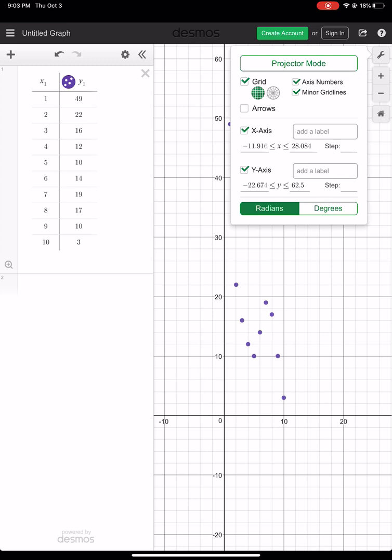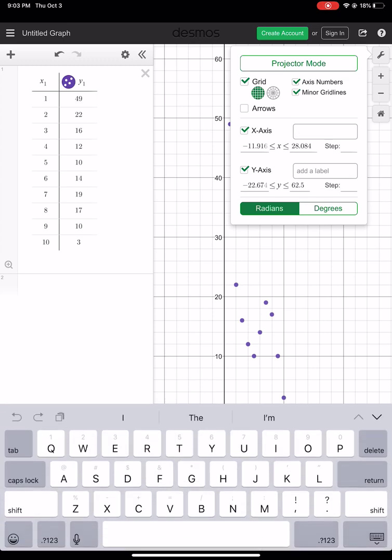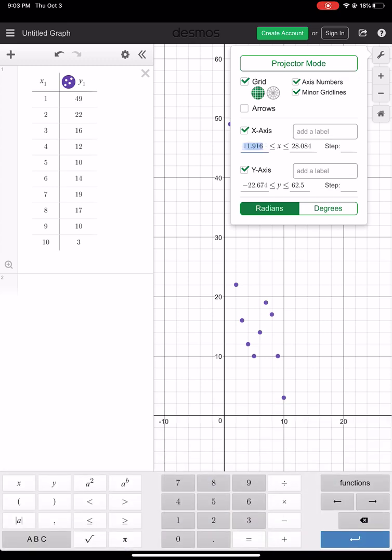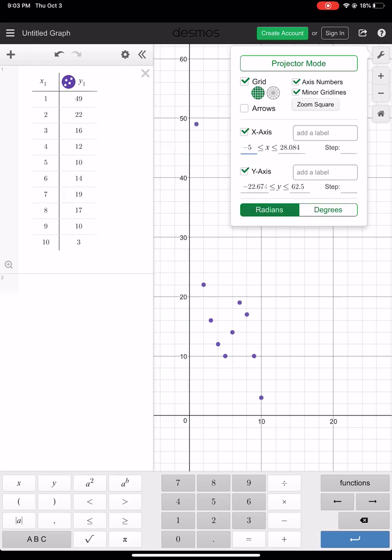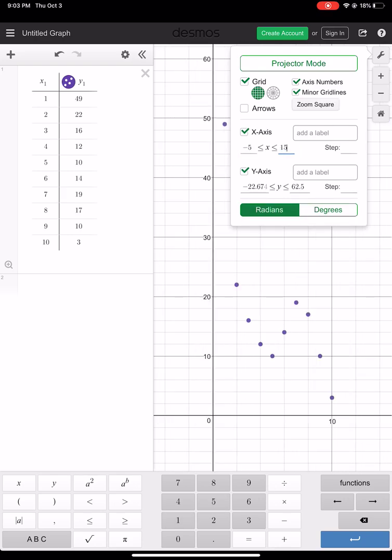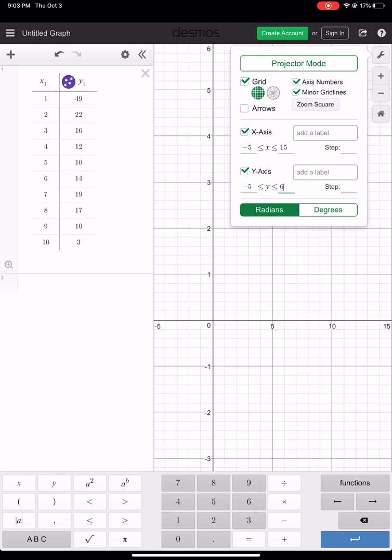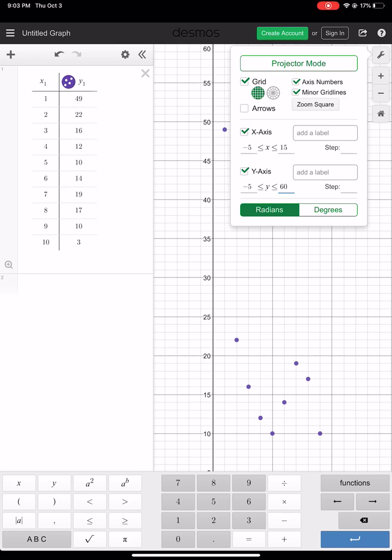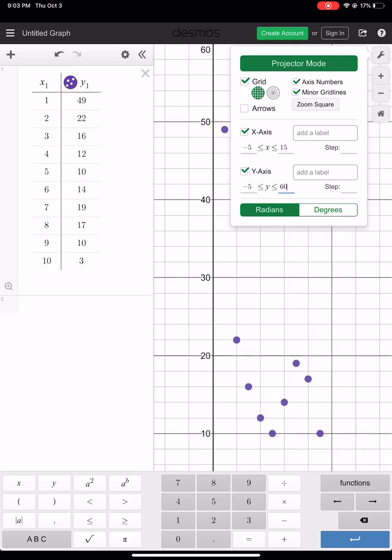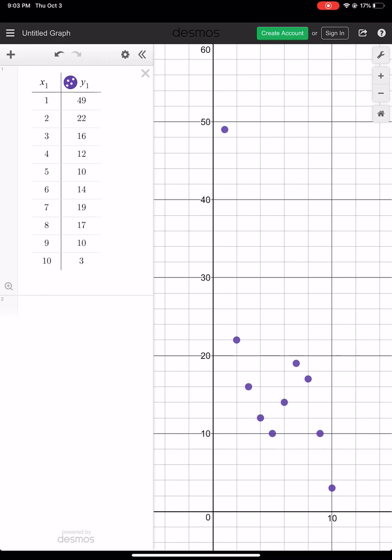And I'm actually going to fix the window here because it's bothering me. So as I said in the other video, I like to go just a little bit negative and a little bit above. Kind of space it out well. And then just a little bit negative and then a little bit above. And that should make it look good. So we can see again, as we said, it's going to be cubic.